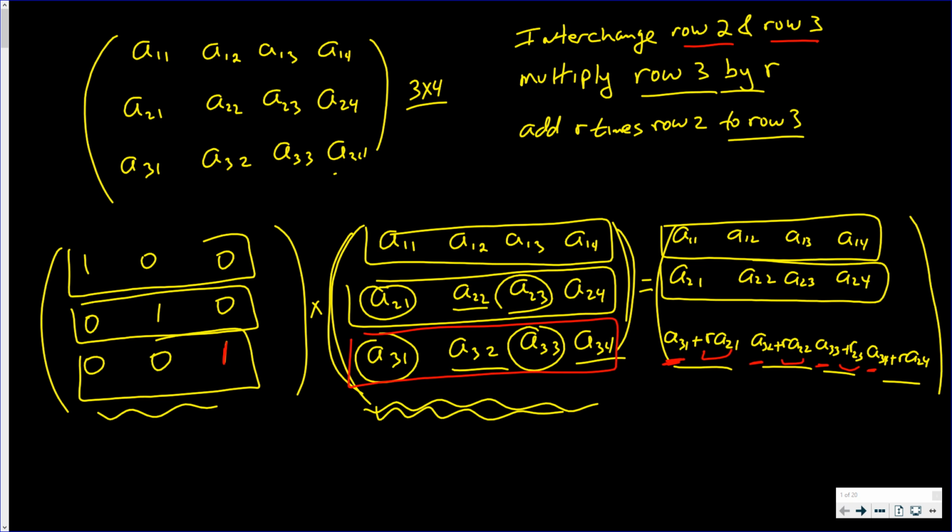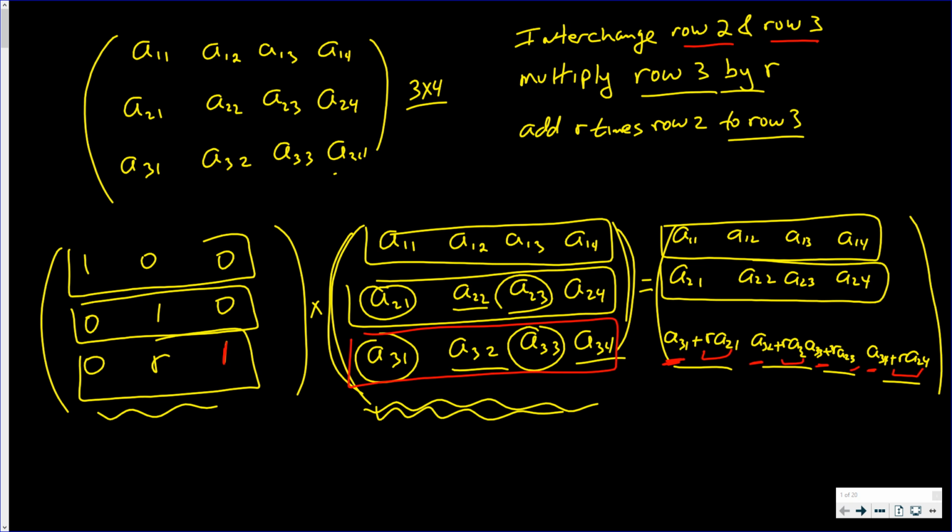It's going to be A33 plus R times A23. Okay. So since I'm adding on row 2, I got a column 2 on my identity matrix. And this is where I put my R. And this is going to work like a charm.